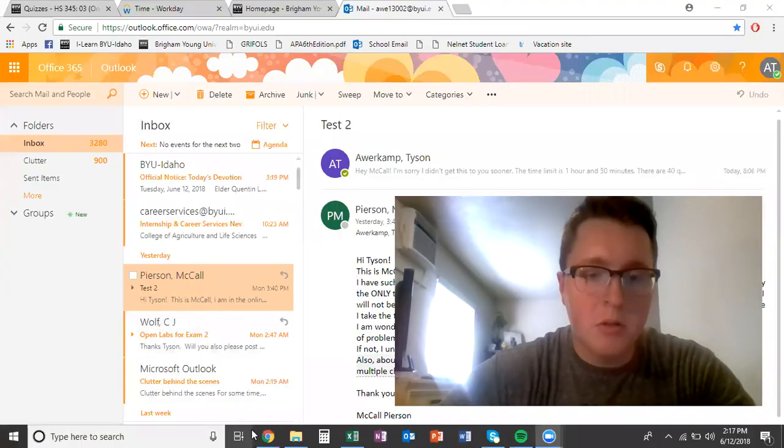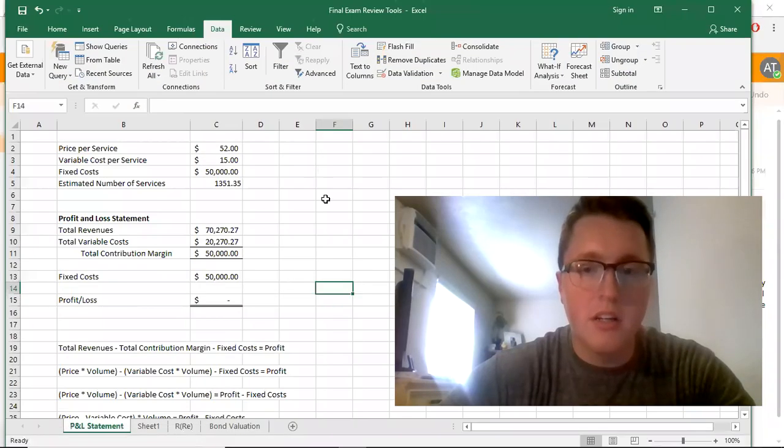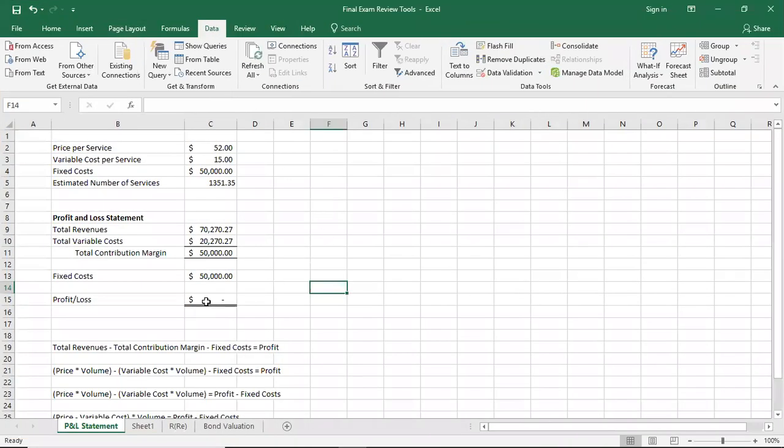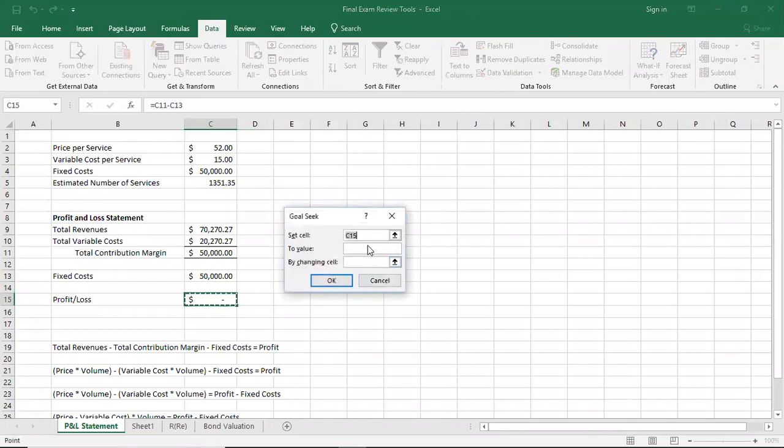So you can use that goal seek to also find out if you wanted a certain profit? Yeah, if you wanted a certain profit, the only thing, let me share screen again. So coming back to this Excel sheet here, the only thing that I would do differently is when I hit on that what if analysis and goal seek, I will just set the cell to whatever value I'm trying to get.